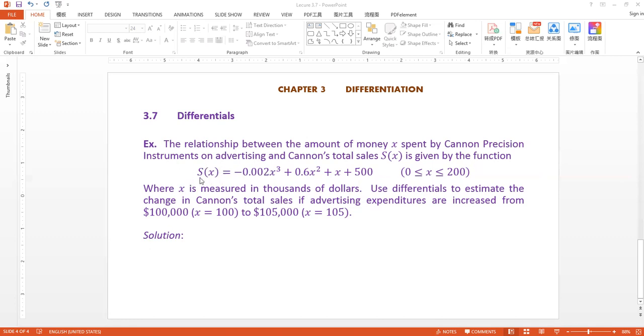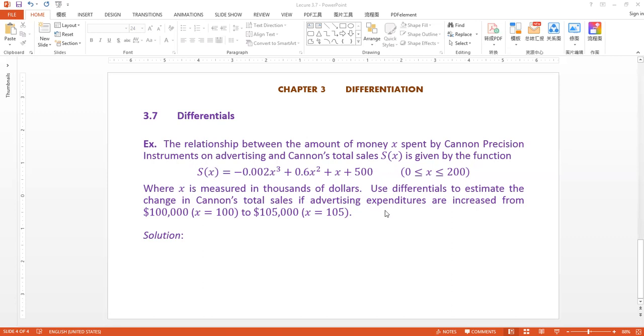Okay, so how much is the sales when X is 100, for example? If you put $100,000 in advertisement, what would be the sales?